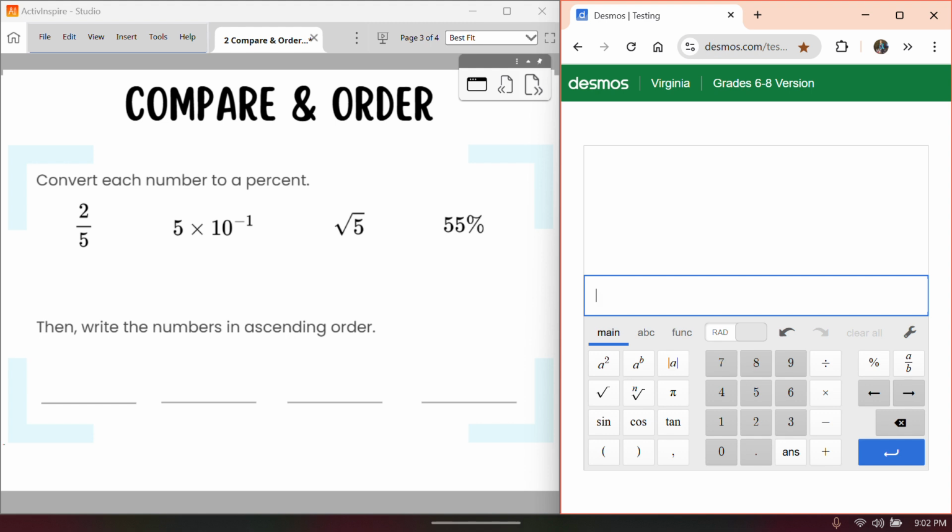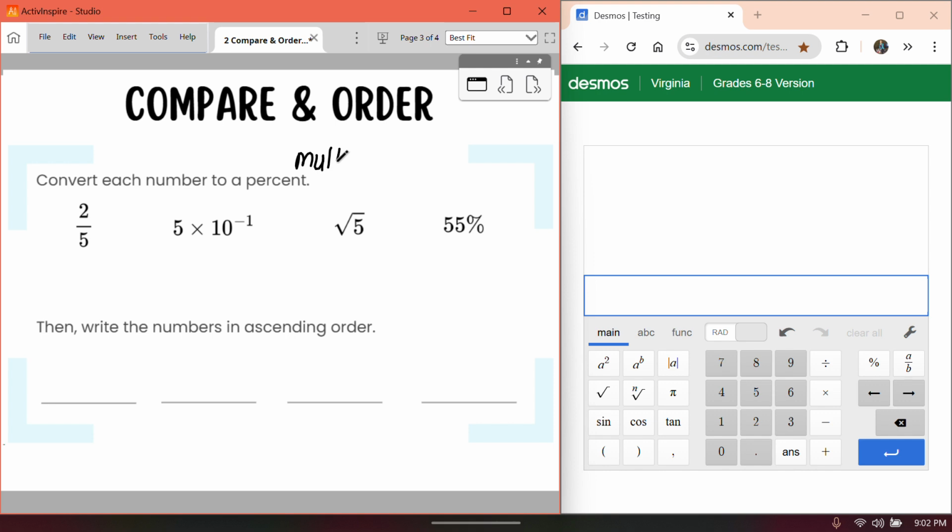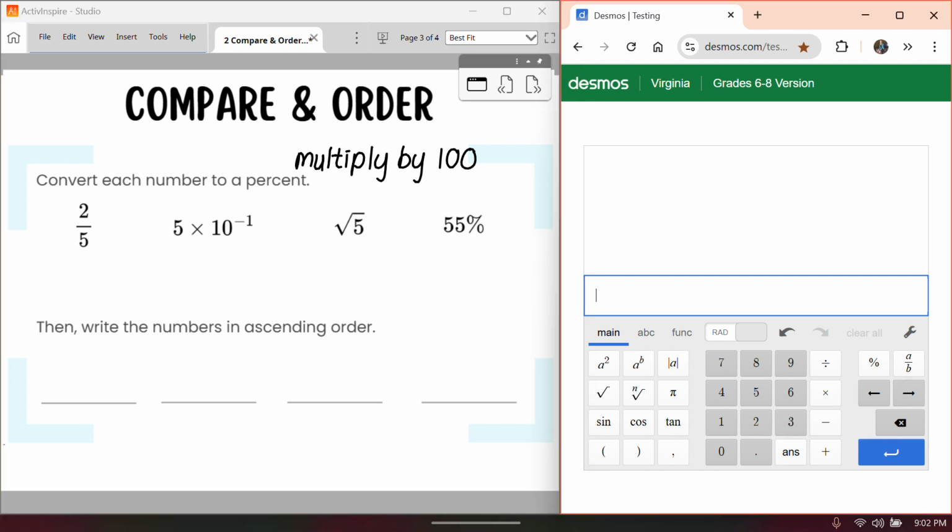So our directions say convert each number to a percent. And I know that I do that by multiplying by 100, but I'm going to go ahead and write it one more time, because the more you write things, the more likely your brain is to remember it. Okay, and then I'm going to come over here to Desmos and I'm just going to start putting in these numbers.